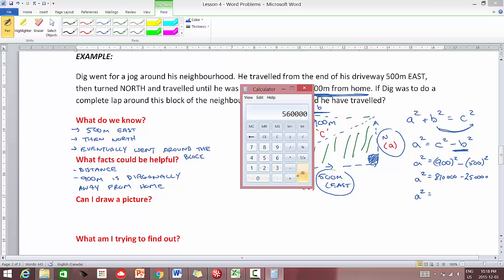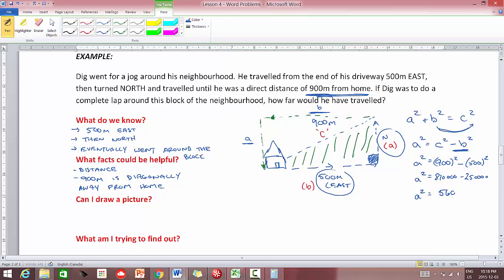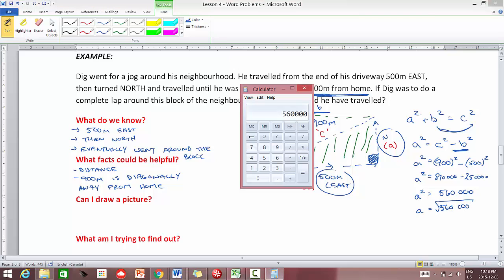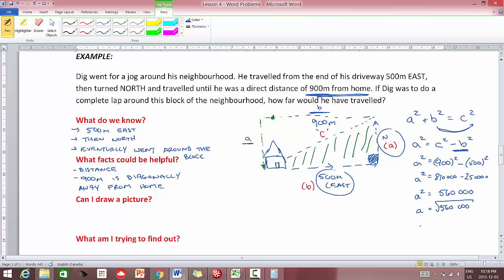So we're left with 560,000. So A squared is 560,000. To find out what A is, take the square root of 560,000. So that's our number, square root, and we get 748.33. So A equals 748.33 meters. That's the value of his trip going north.